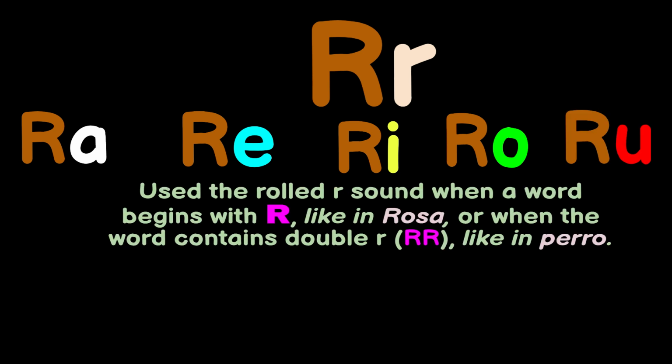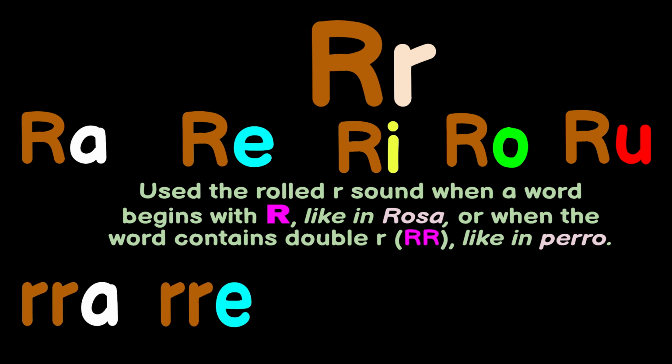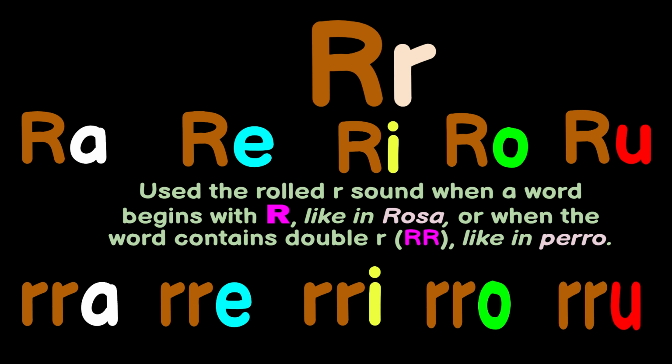Use the rolled R sound when a word begins with erre, like in rosa, or when the word contains double erre, like in perro. Ra, re, ri, ro, ru.